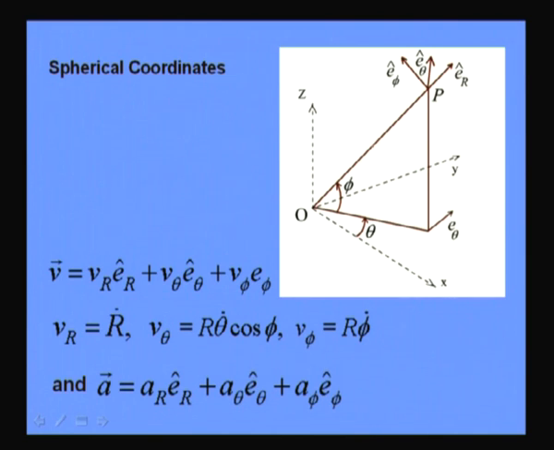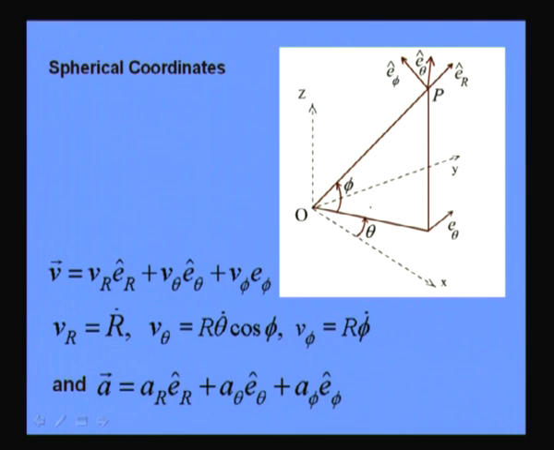We have the position vector OP, and take its projection in the xy plane. This is making angle theta here. So in the cylindrical coordinates, we have r, theta, z. Similarly, in the spherical coordinates, one coordinate is OP, that is the radial distance of the point P from O. Then we have theta, then we have phi.